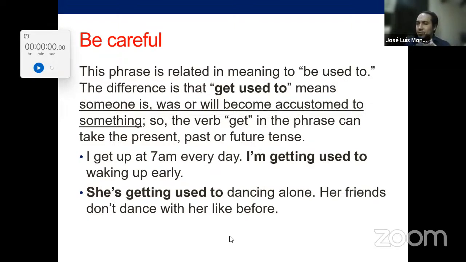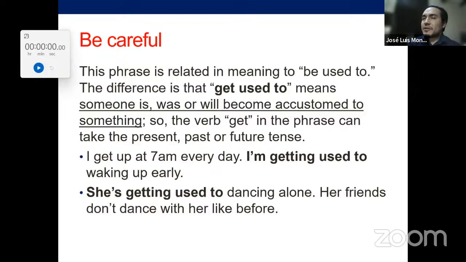So again, it depends how you use it. And remember that you can always replace used with what in the last two cases? With accustomed. If you say accustomed or used to, it's the same. Here, they are synonyms. But we cannot say accustomed for the first case.